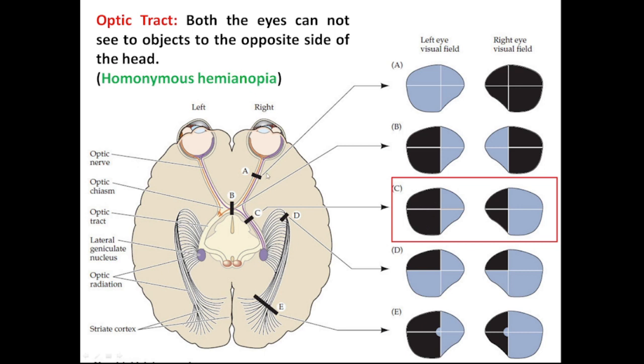And as the temporal fibers from the right eye are being damaged, and the temporal fibers are responsible for collecting the information from the nasal field, that's why the nasal field of vision is being affected. So if you damage at the level of the optic tract, then homonymous hemianopia will be found.